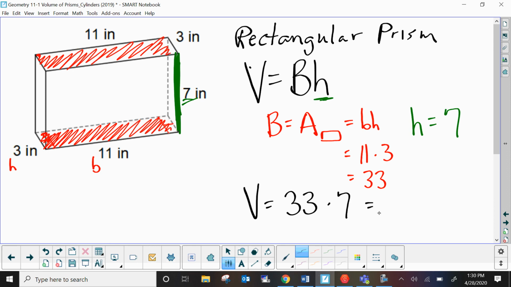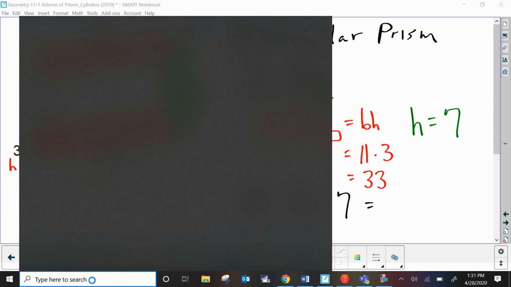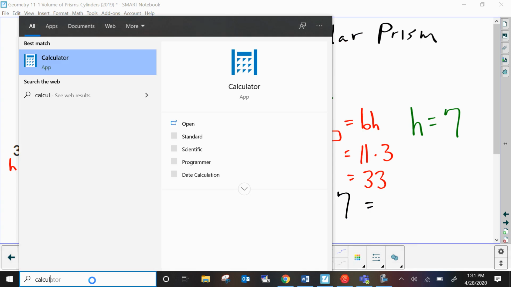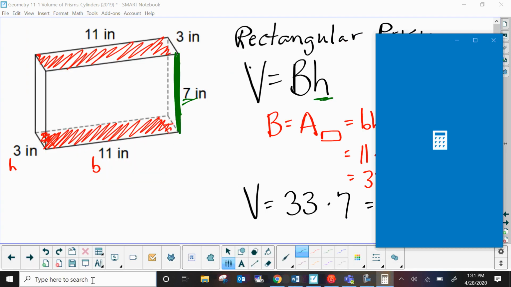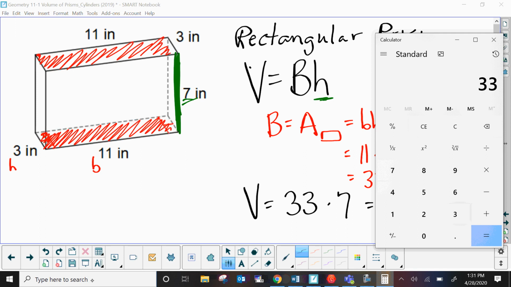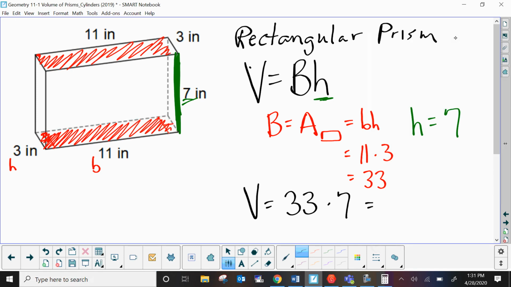If you take a calculator and do 33 times 7, you get 231. Now this is volume, so it takes the units, which is inches, and cubes it.